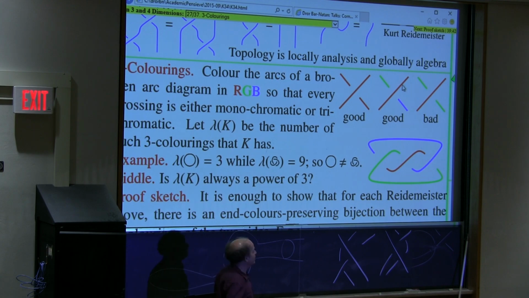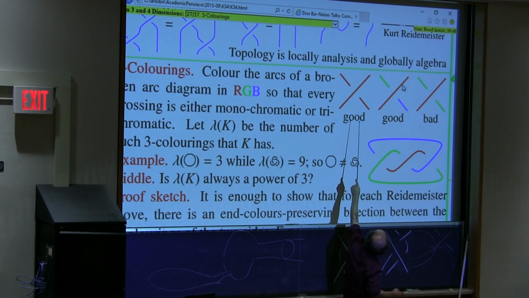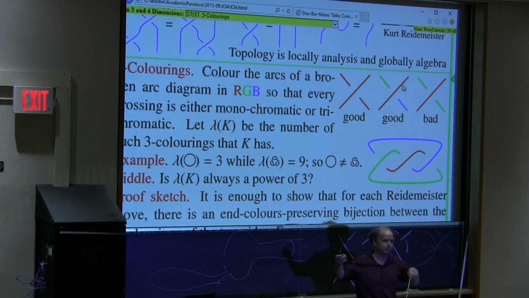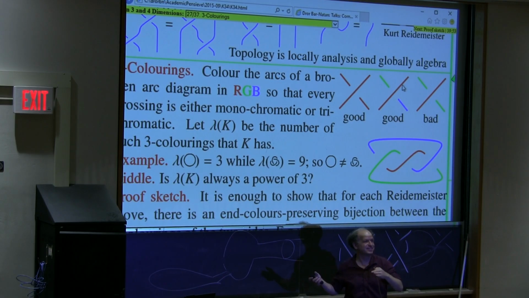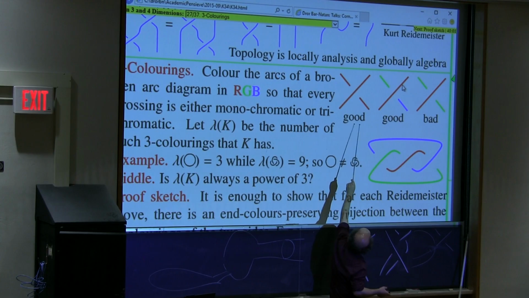And the rule is that in every crossing, three different arcs participate. Well, in principle there are four sides to a crossing, but one of them is unbroken, so it has to stay in the same color. So in every crossing there are three arcs.